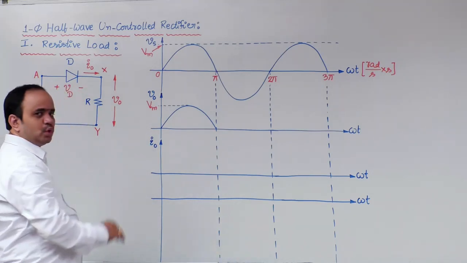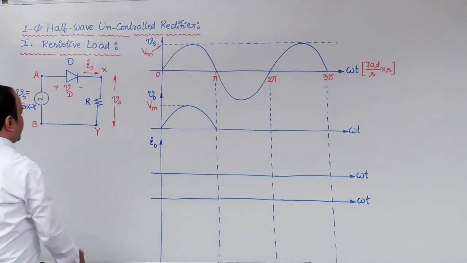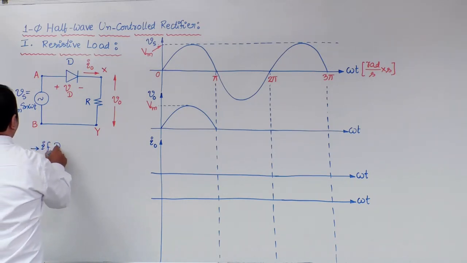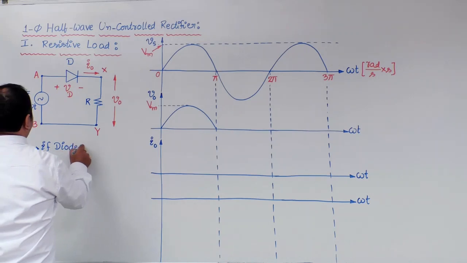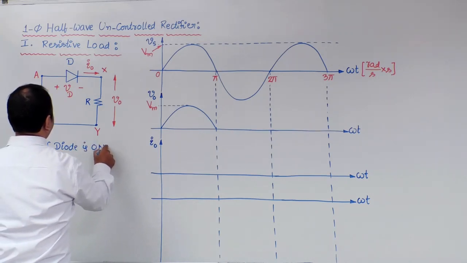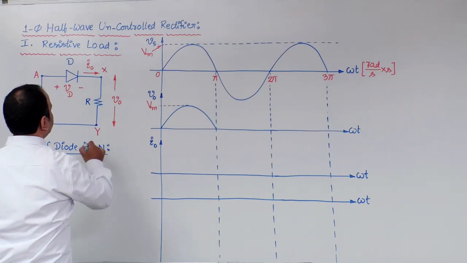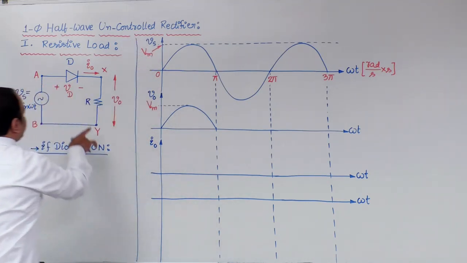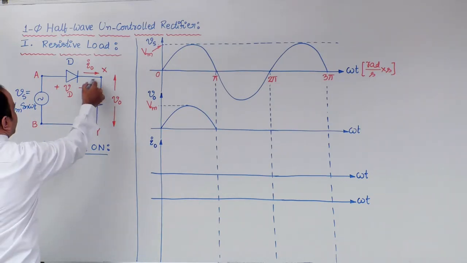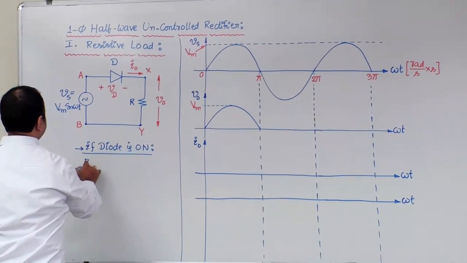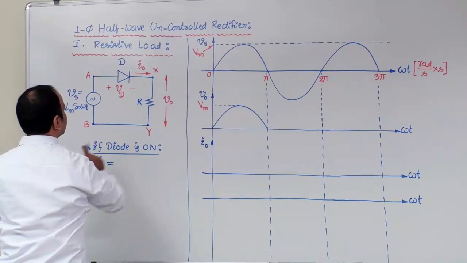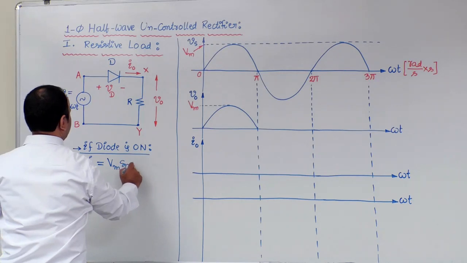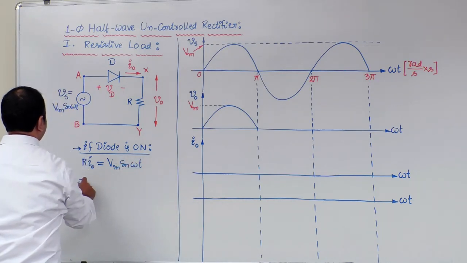We just need to look into the equation for I0. Now, if the diode is on, what is the basic circuit equation here? The XY terminal voltage, that is R into I0, is equal to the source voltage Vm sin omega t.